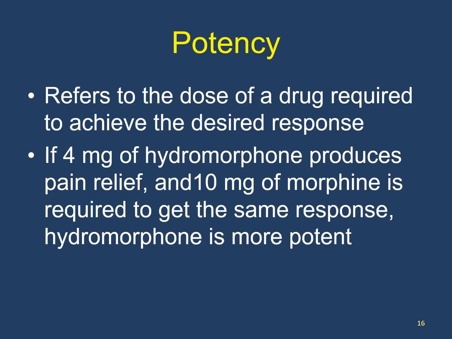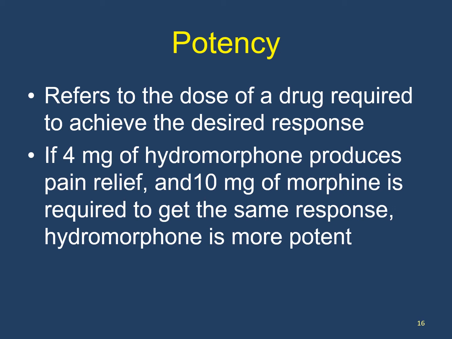Now, potency is different. Potency is how much of the drug is required to achieve the desired response. It really doesn't matter unless higher doses of the drug can be toxic or cause dangerous adverse effects that the patient can't tolerate. So for instance, when we refer to potency, if 4 milligrams of hydromorphone produces the same pain relief as 10 milligrams of morphine, well then the hydromorphone is more potent.